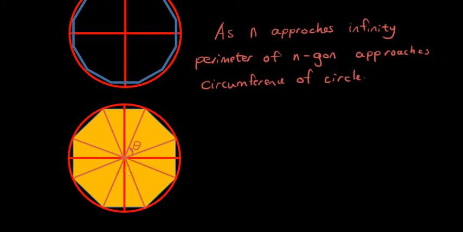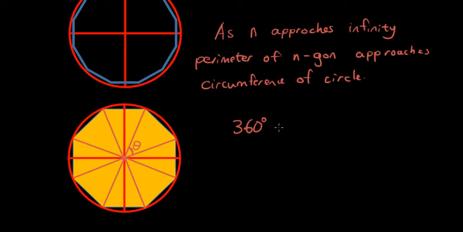It's very easy to find theta because we know that a full rotation of the angle at the center of the circle would be 360 degrees. 360 degrees is a whole rotation around the center of the circle.